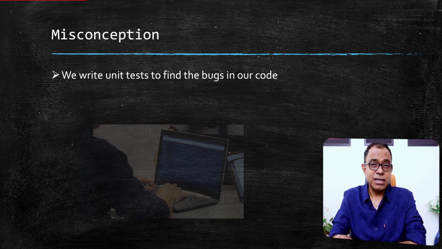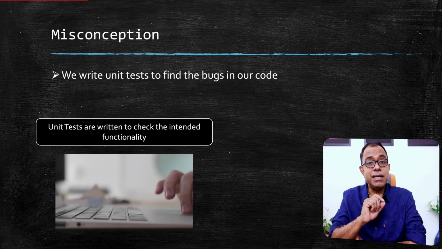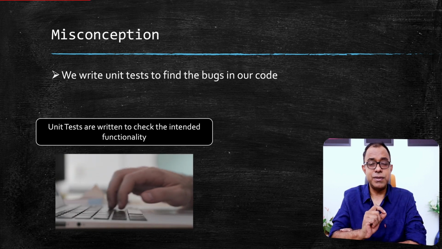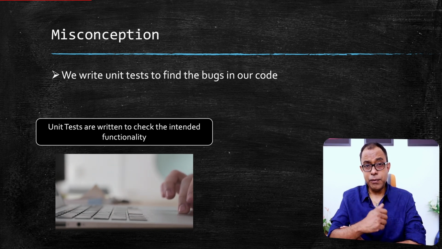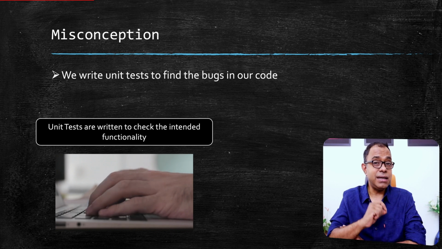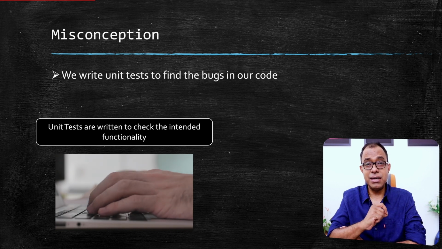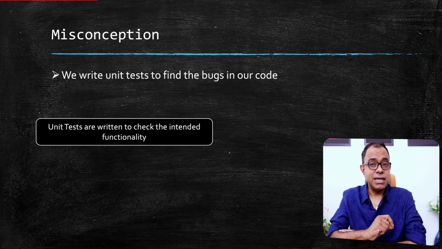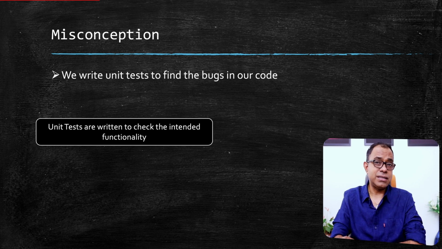That's the byproduct. The actual reason for writing unit tests is to validate and verify the functionality of the software. And if you find bugs in there, you go ahead and fix that. But the main intention of unit testing is to understand and make sure the intended functionality is working. So that is the purpose of unit testing.